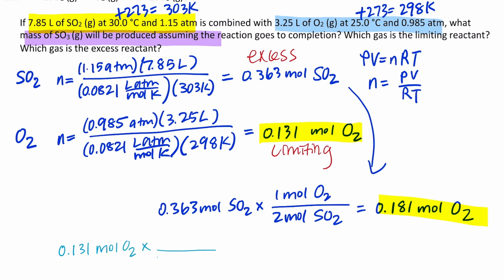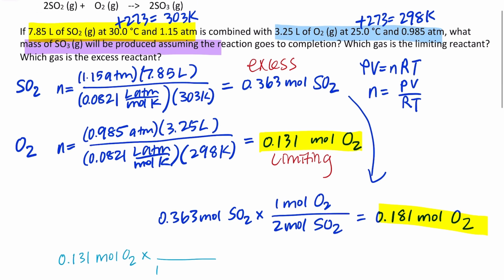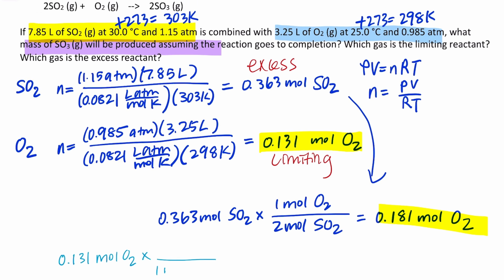We're going to multiply by the chemical coefficients, so 1 mole O2 and then 2 moles of SO3. And one more factor, 1 mole of SO3 is 80.00 grams, because of the molar mass of SO3.